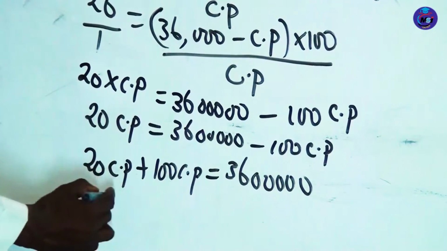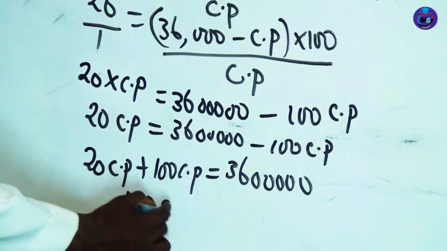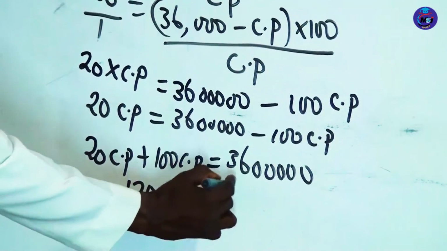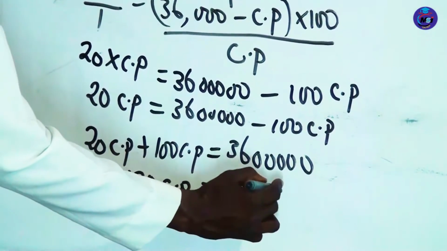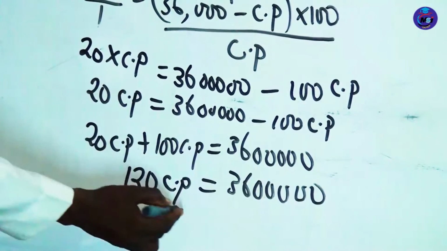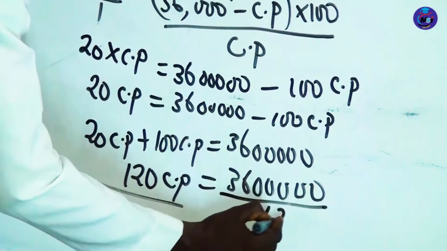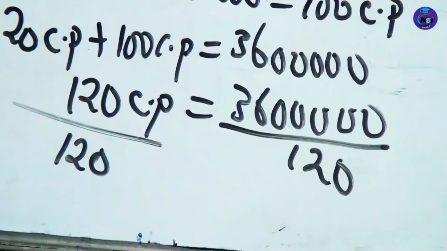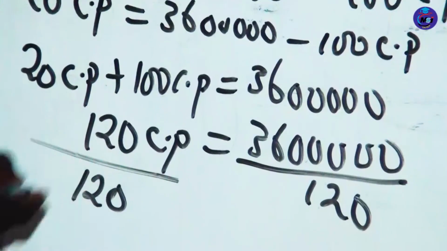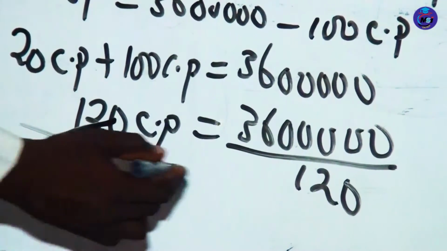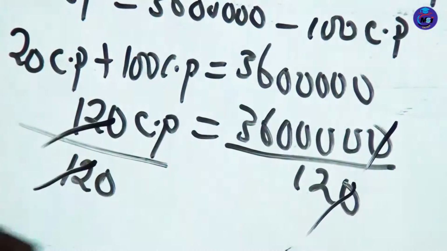Okay? This will give us 120 CP equals 3,600,000. Divide both sides by 120. We cancel 120, and 0 cancels 0.